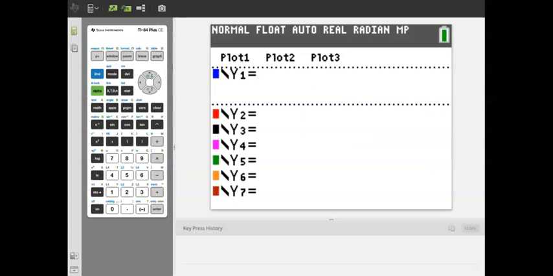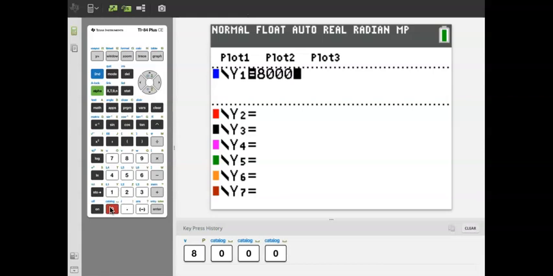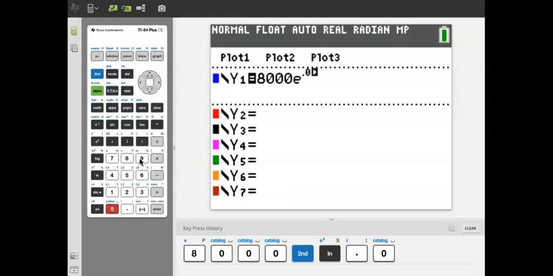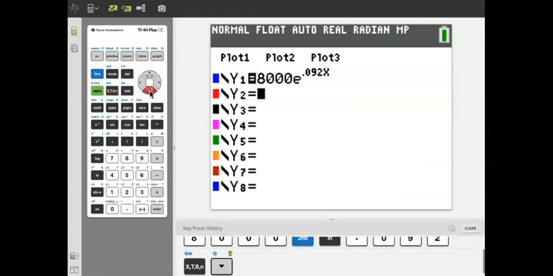As y1, I'm going to enter in the left-hand side of my equation. So I'm going to put in my 8,000. To get the e on your graphing calculator, it's going to be second and then the natural log button gives us that e with the exponent ready to type in. So 0.092. Instead of t, I'm going to go ahead and use the variable x just when I'm working here in my calculator.